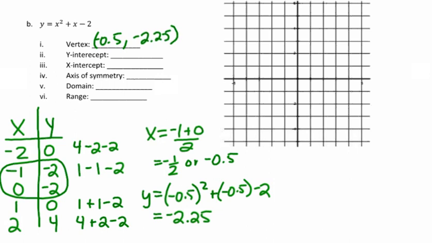Now we can plot those points. -1/2, -2.25 be somewhere right here, or a little bit lower. We've got -2 and 0 as a point, -1 and -2, 0 and -2, 1 and 0, and 2 and 4.